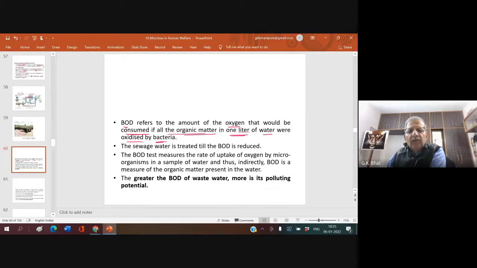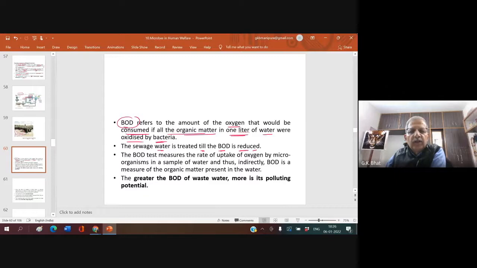Whenever sewage is discharged into any water body, the biochemical oxygen demand will be very high. Whenever the water gets purified because of the microbes using the organic matter, the oxygen demand comes down, the BOD level comes down. The sewage water is treated till the BOD is reduced.